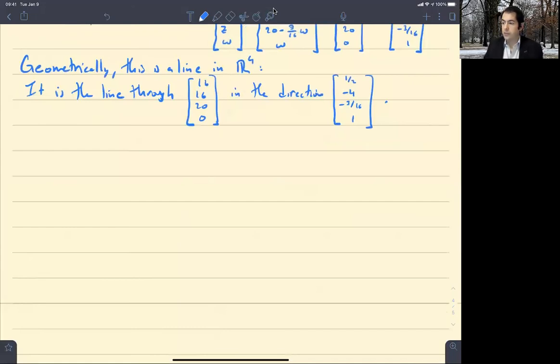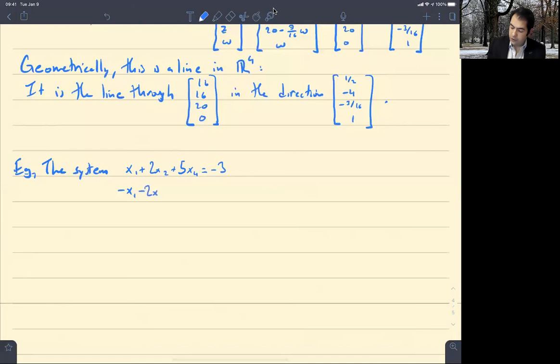Let's do another example. So the system x1 plus 2x2 plus 5x4 equal to minus 3, minus x1 minus 2x2 plus x3 minus 6x4 plus x5 is equal to 2, and minus 2x1 minus 4x2 minus 10x4 plus x5 is equal to 8.